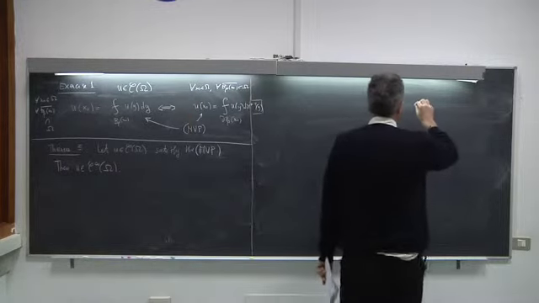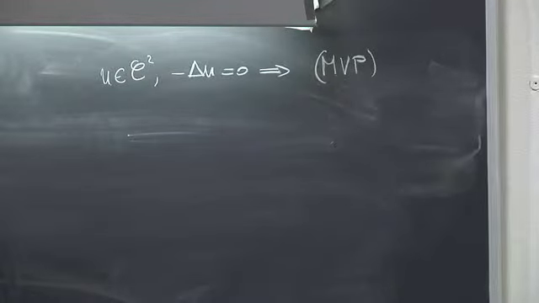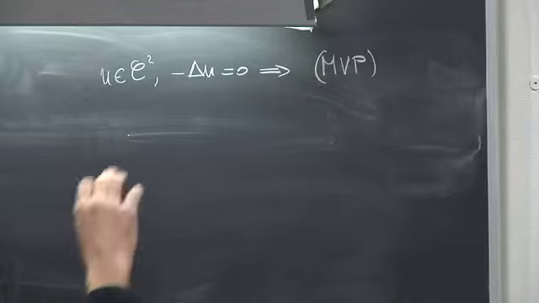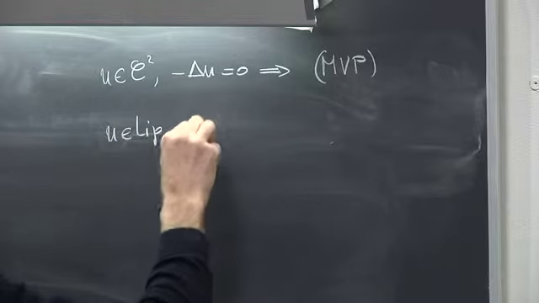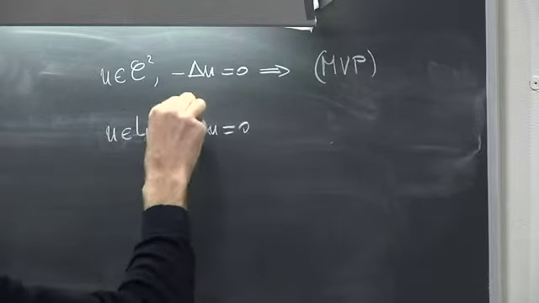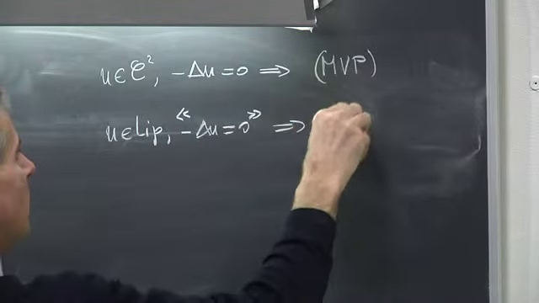So what is the situation for the moment? So u in C2 with minus Laplace of u equal to 0 implies mean value property. And then even less, u in Lipschitz with minus Laplace of u equal to 0 in the weak form implies mean value property.